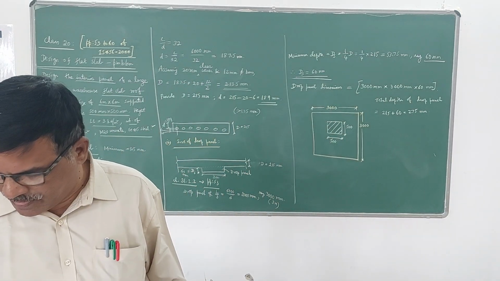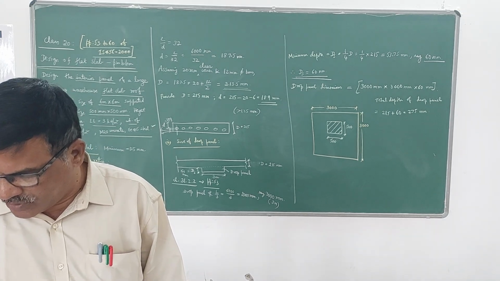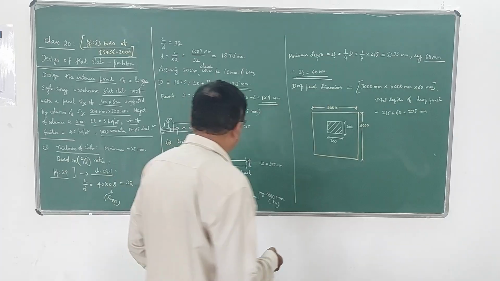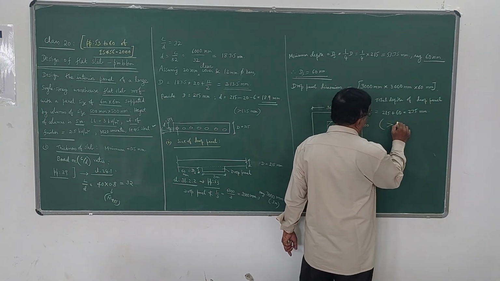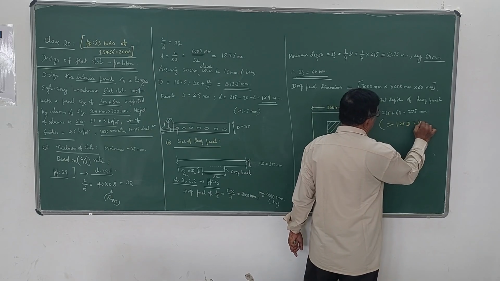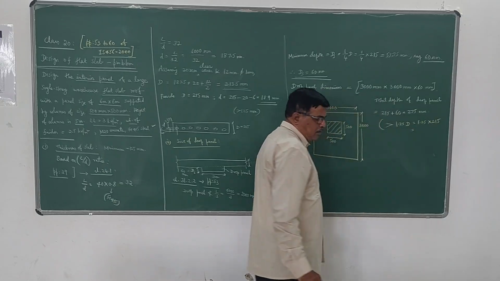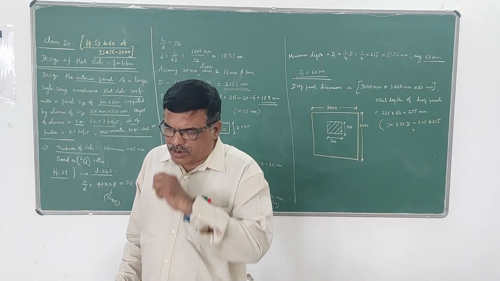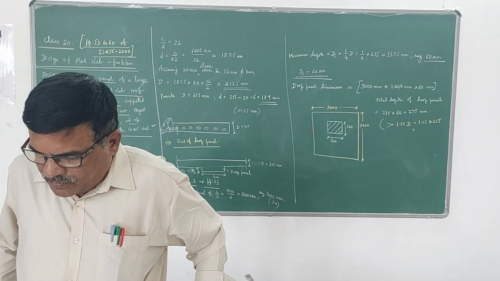That is the total depth. This should be greater than 1.25 times d, as per the code. That is 1.25 times 215. It will be greater than that. How much is that?